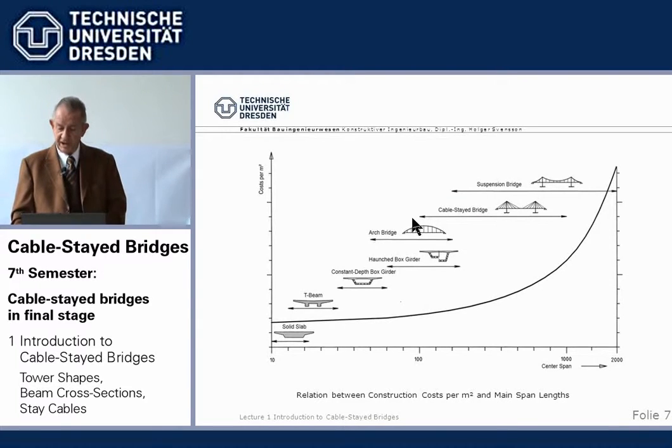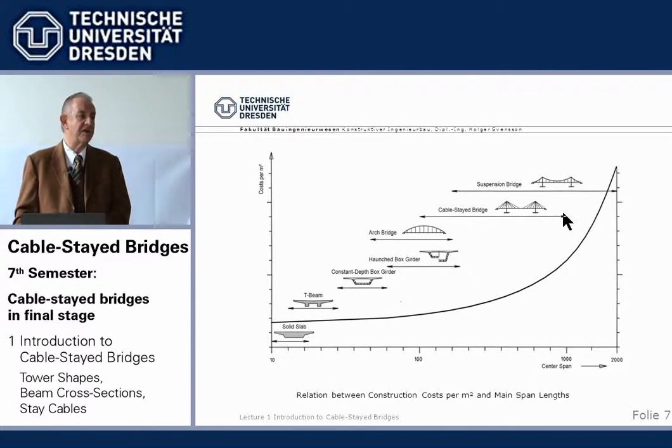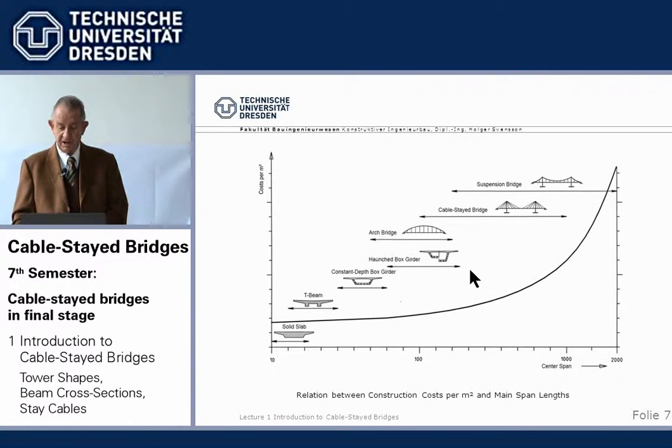Now, span ranges of cable-stayed bridges may go down low to, say, 100 meters with one tower only, and go up to over 1,000 meters. The world record now is 1,088. At the lower end of the spans, of course, there are arch bridges, and there are girder bridges, haunch, continuous beam bridges.